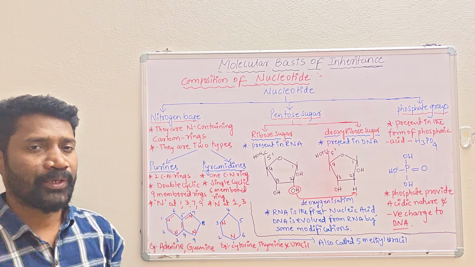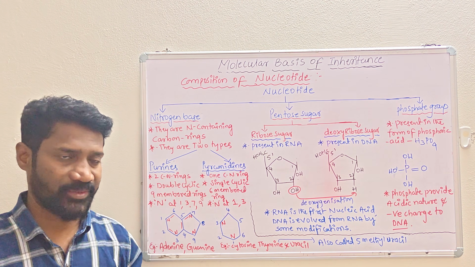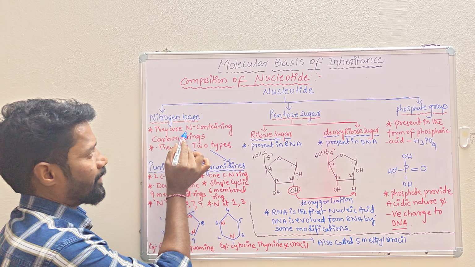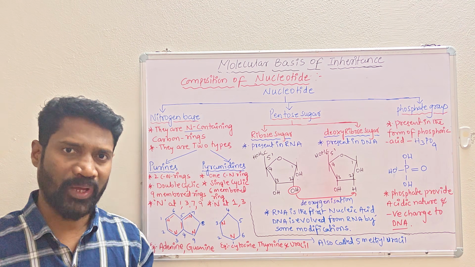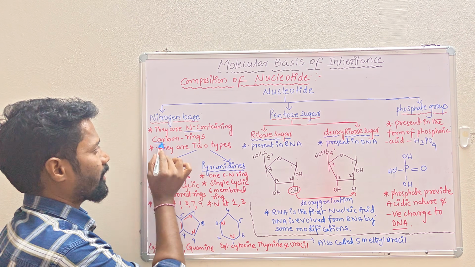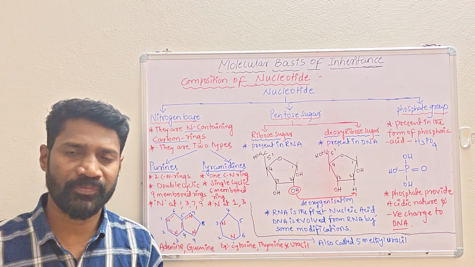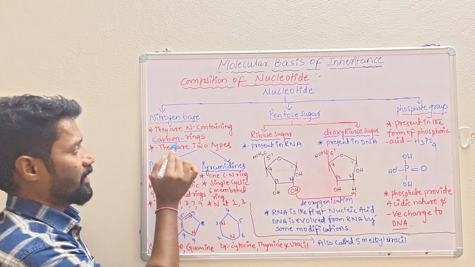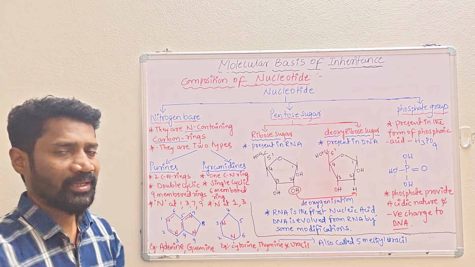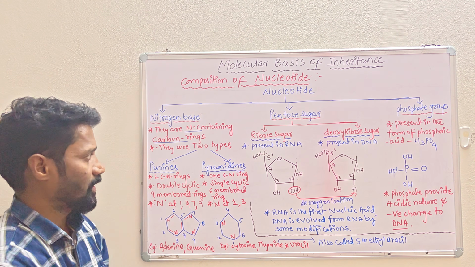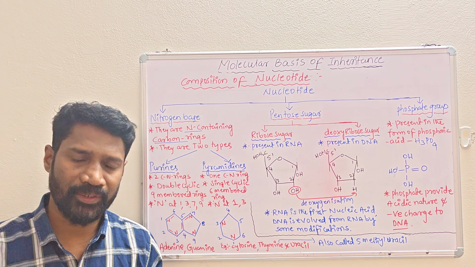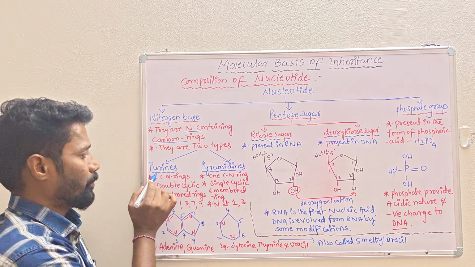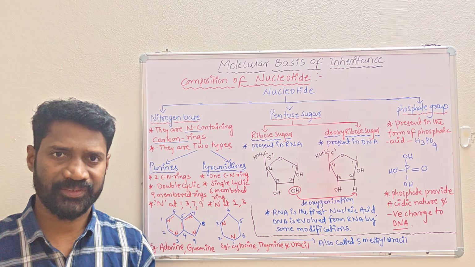First one, nitrogen base. Simple. Nitrogen bases are nitrogen containing carbon rings. Very simple. What is the definition of nitrogen bases? They are nitrogen containing carbon rings. Nitrogen bases are divided into two types: purines and pyrimidines.